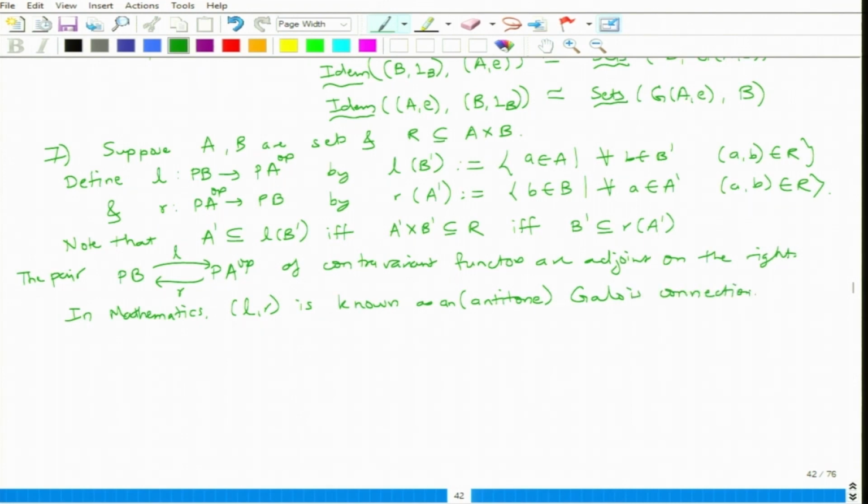In practice, if you want to understand the standard Galois theory, A is some set of fields and B is some set of automorphism groups.